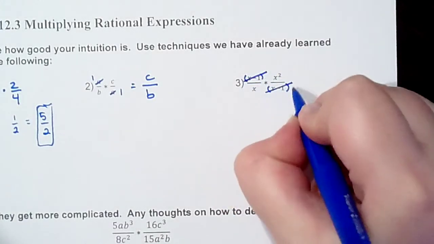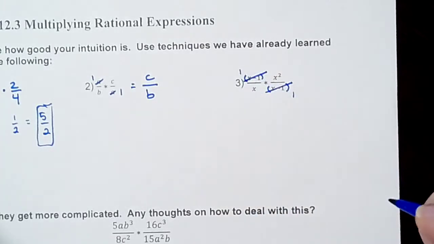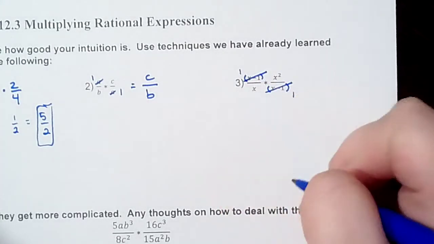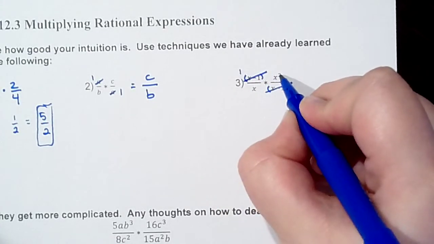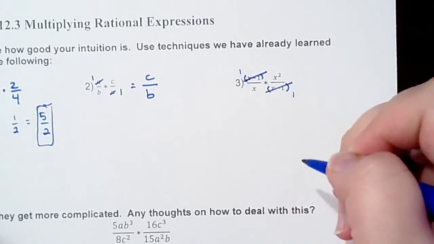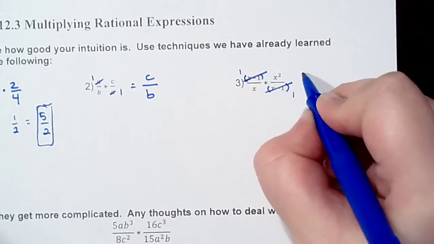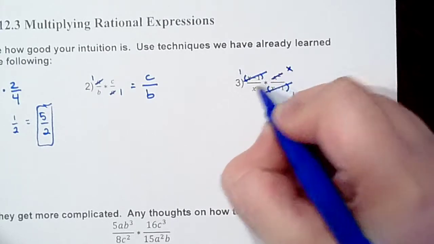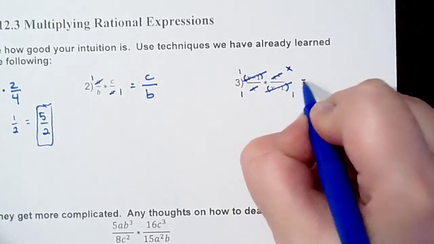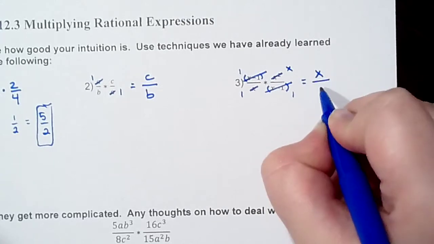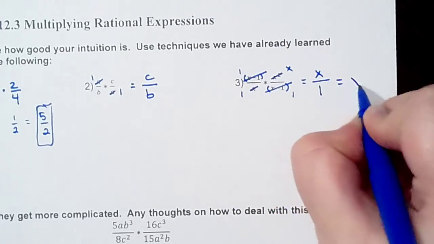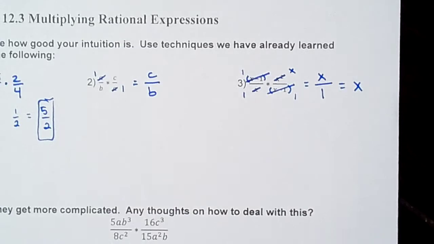So these cross-reduce. They're the exact same. And now I've got x squared over x. Well, from our exponent unit, we know that x squared divided by x is just x on top. So this reduces to x over 1. My final answer is x times 1 over 1 times 1, or just x.